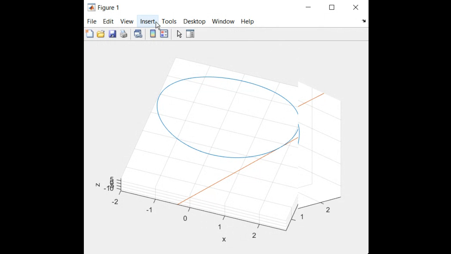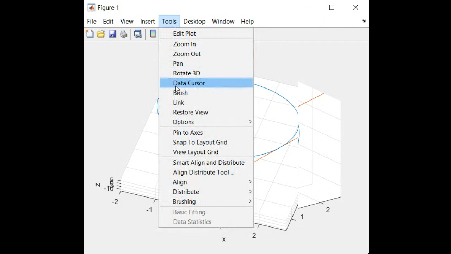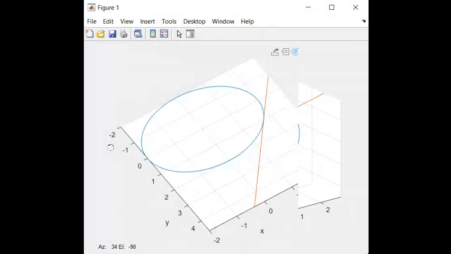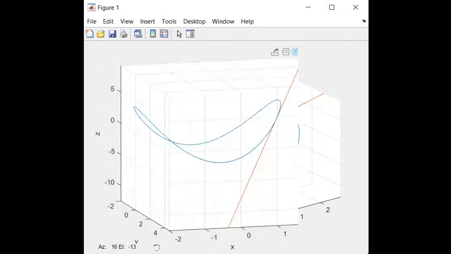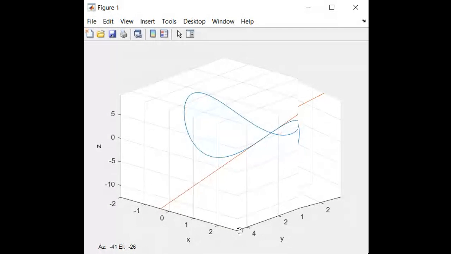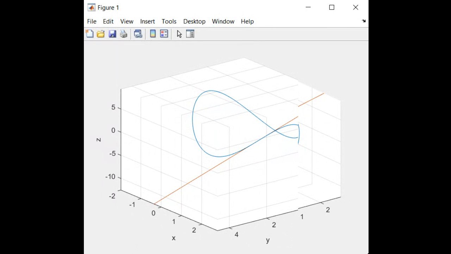Hold on. I don't want to spend too much time on it, but you can play around and rotate the axes. Hey, there we go. So you can play and rotate the axes. Well, no, that's not right because the x-axis is normally where the y-axis is. So you just got to rotate it and play around with it.